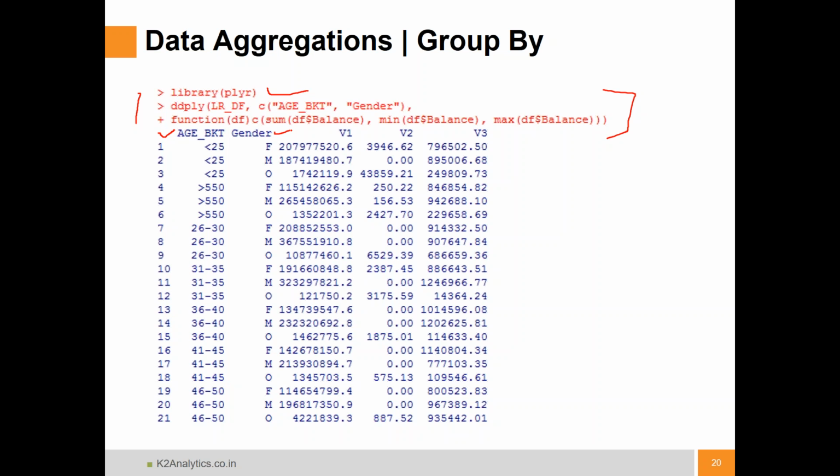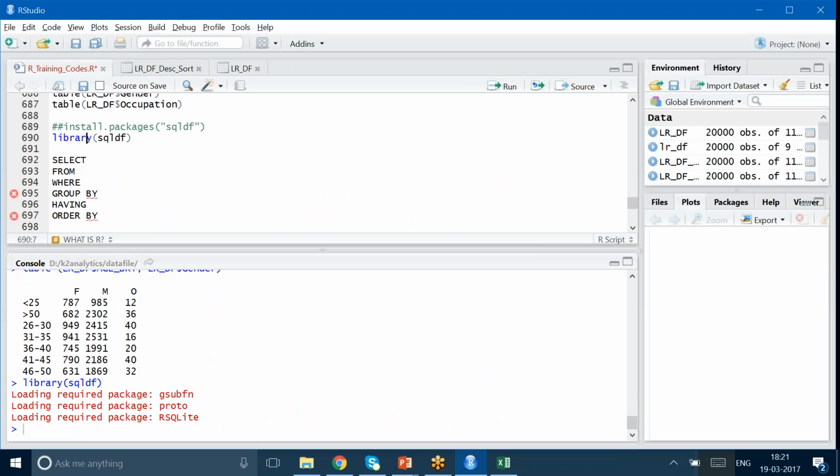Yeah. So here I want to select gender. So my SQL query would look like this. Select gender. This is a dimension. And I want aggregation to happen.